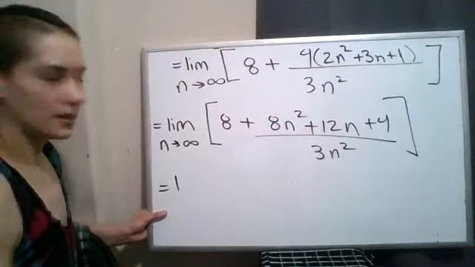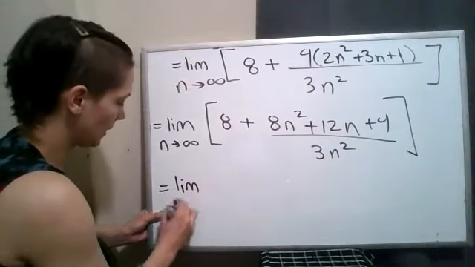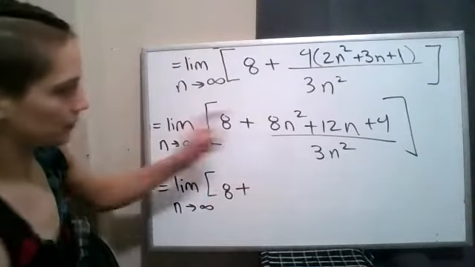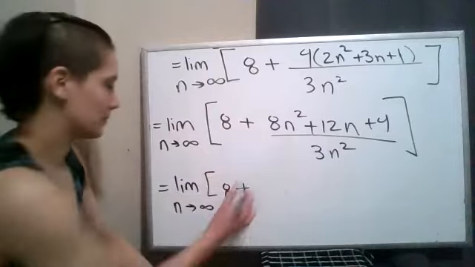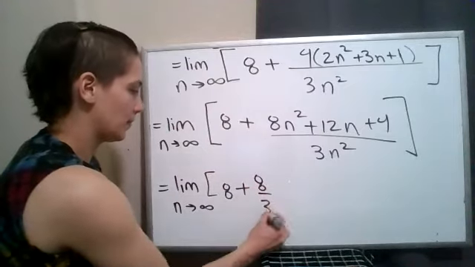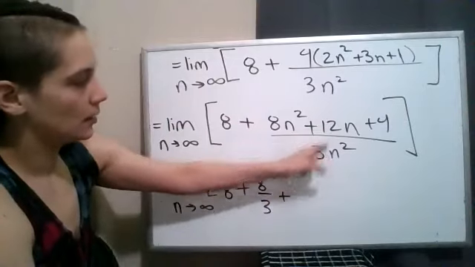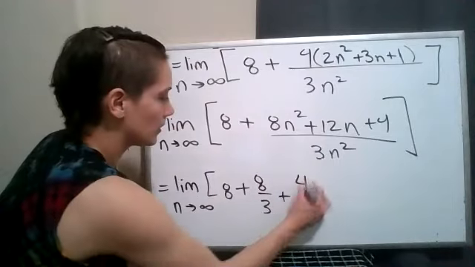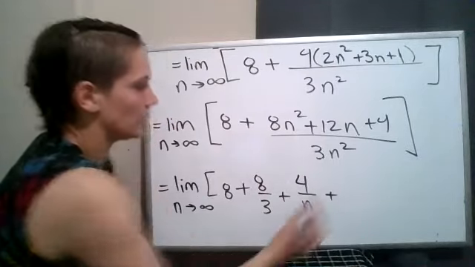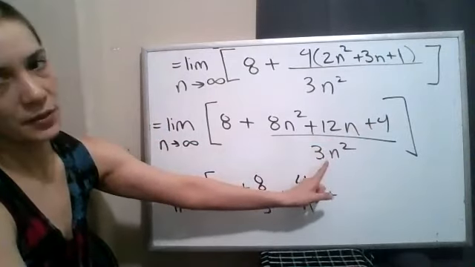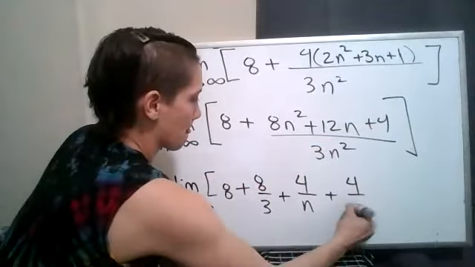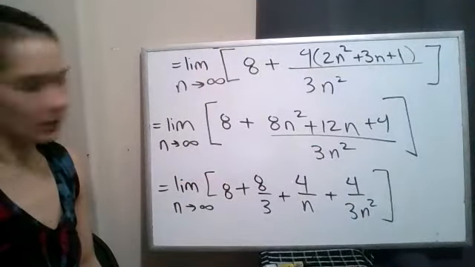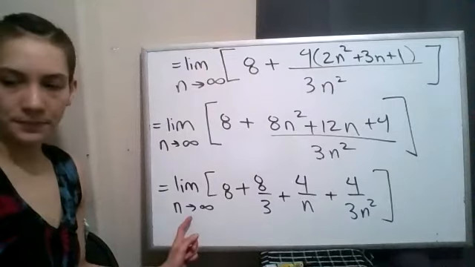So the limit as n goes to infinity of 8 plus 8 thirds plus 12n over 3n, which is going to make this 4 over n, plus 4 over 3n squared. Then you can do the limit.